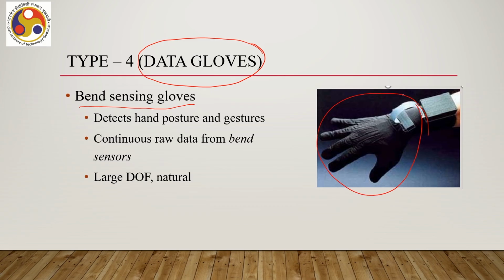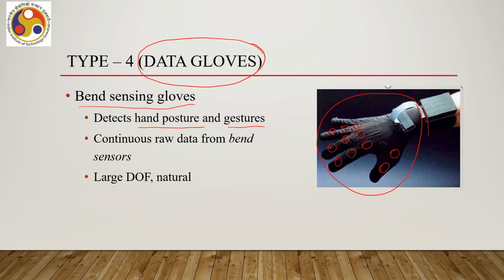Now, it looks like a glove, but it detects hand postures and gestures, because there are sensors placed at all bend positions, all these joints and other positions. So, everywhere there are sensors, as you can see in the figure.